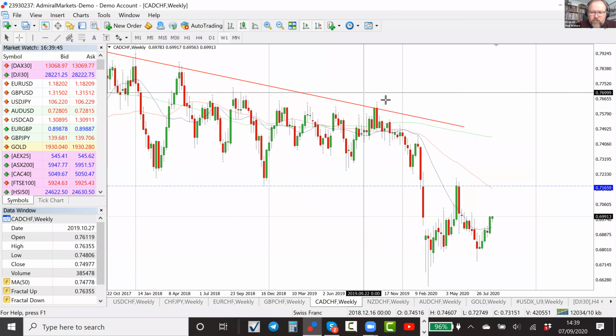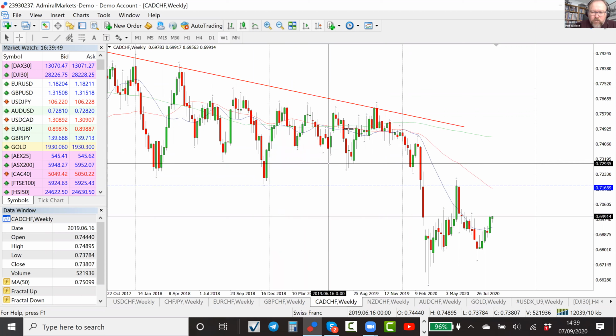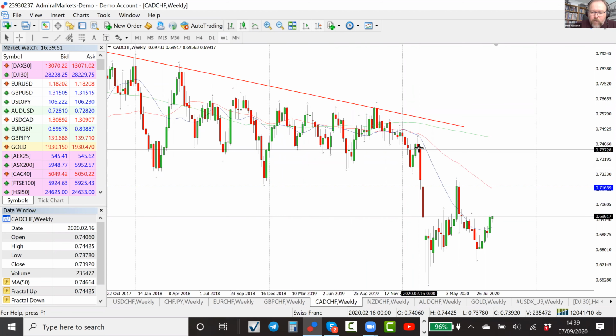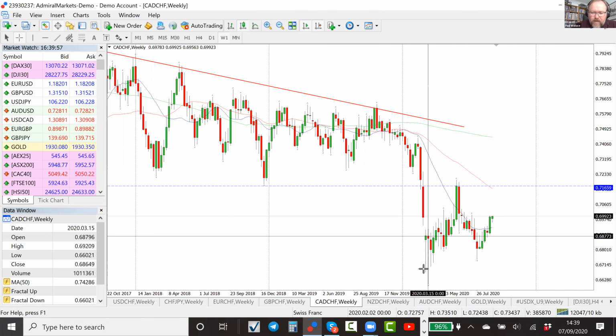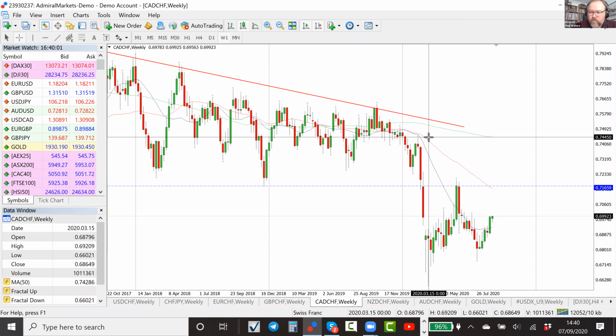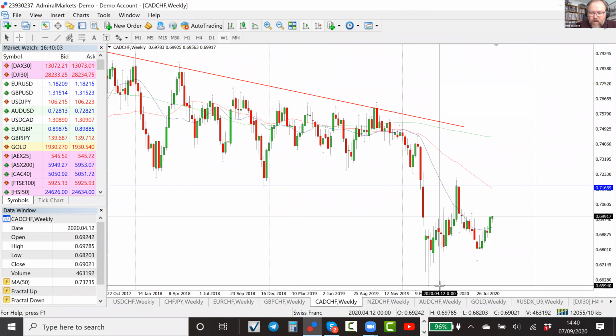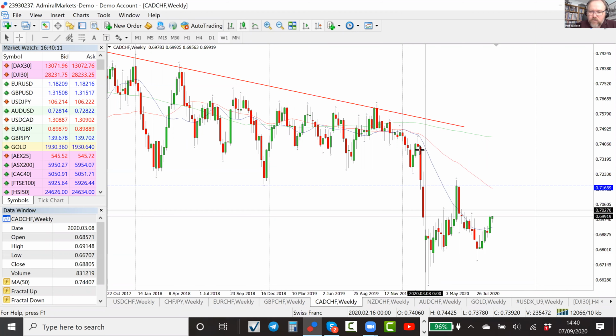You can see for last year the CAD against the Swiss franc was, for the most part, range bound. But in the middle of February we absolutely collapsed, from highs at 74.45 to lows at 66.05. So you're talking about around 800 pips in the Canadian against the Swiss franc.